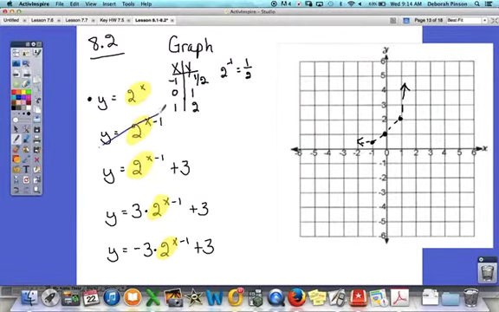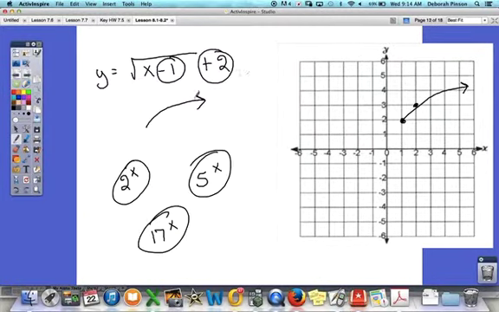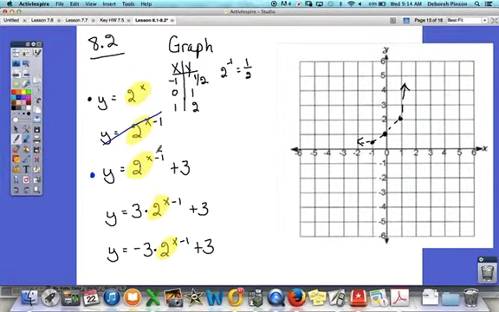And I'm going to actually skip this first one. Let's go down to this second one. Now, similar to the square root one I had a second ago with the 1 and the 2, I've got 1 there, 3 here. The one inside the operation tells me my side-to-side move. The one outside, my up and down. Remember, inside, opposite of the direction you'd think.